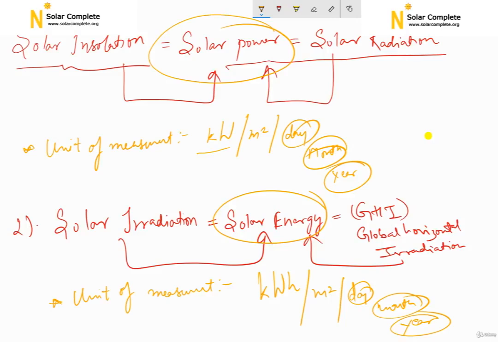Similarly solar power is coming from the sun, and if we attach the time interval, like in a day, in a month, in a year, when we attach the time factor to it, it becomes energy, right? So that's why in kWh you can see the hour term is connected to it. The rest is the same, but the hour term is connected to it, that is the time factor. Now we will talk about solar irradiation in detail.